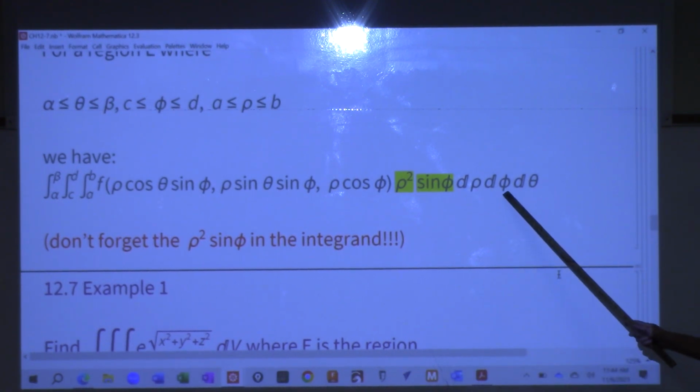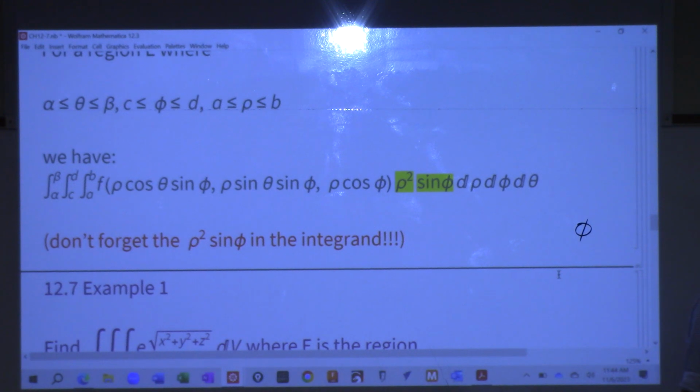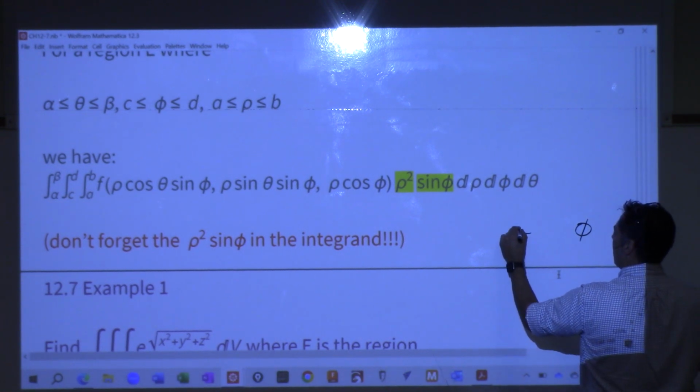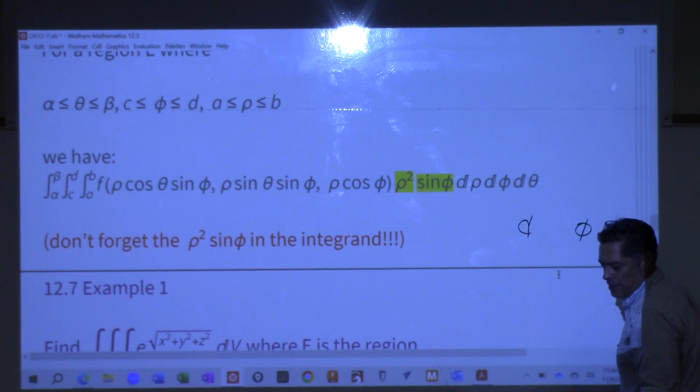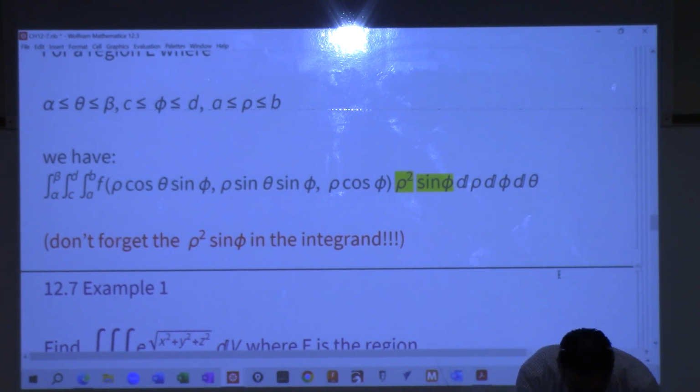So this is phi, right? This is phi. Don't confuse phi with the empty set. So phi actually is not written this way. It's hard to see it. Here.